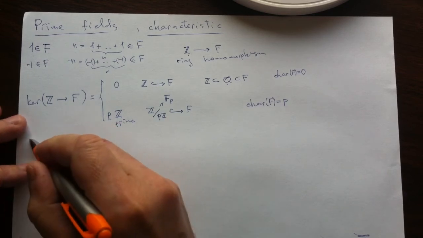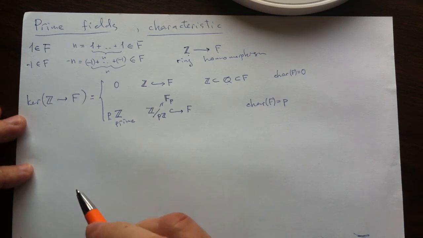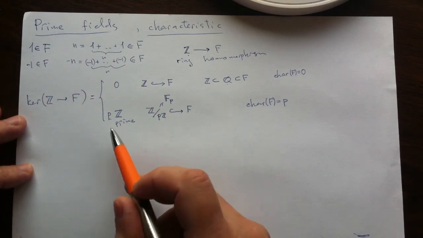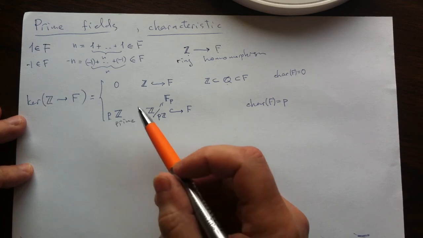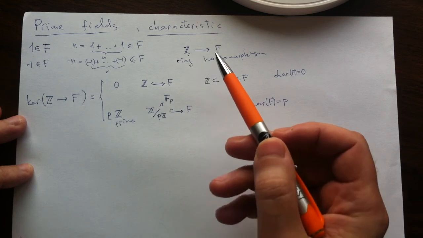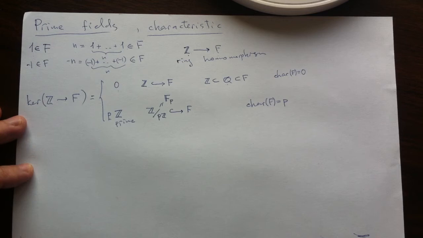So the characteristic is just the smallest number of ones which is equal to 0, and that is inevitably a prime P. And if it is not possible to find a sum of ones which is equal to 0, then the characteristic is declared to be 0.